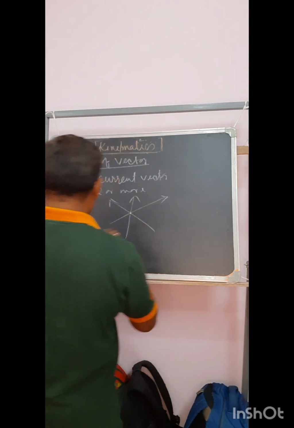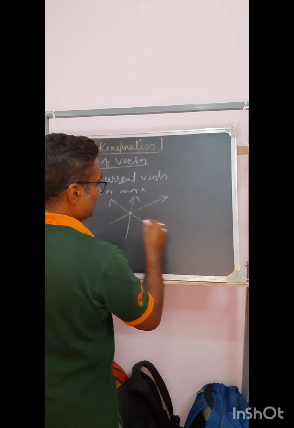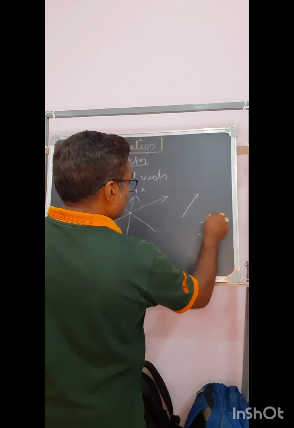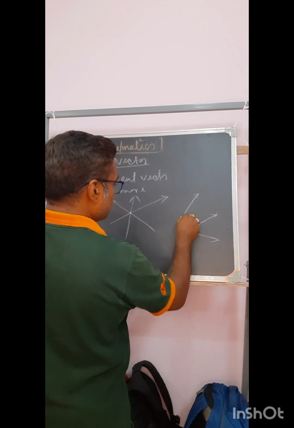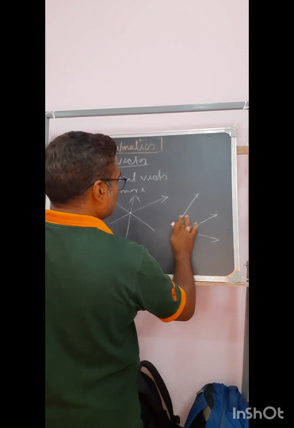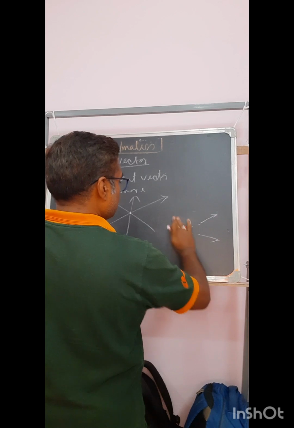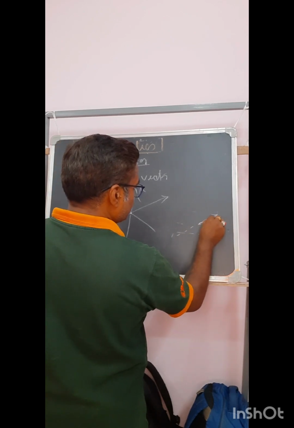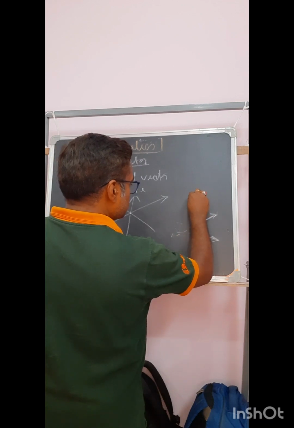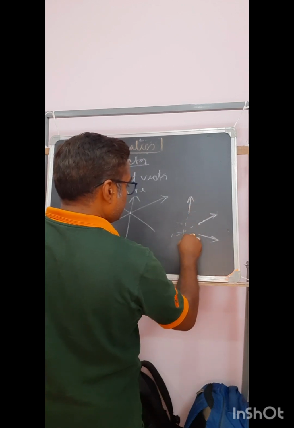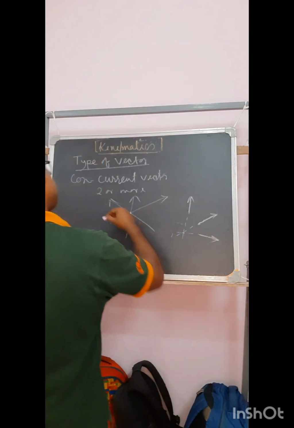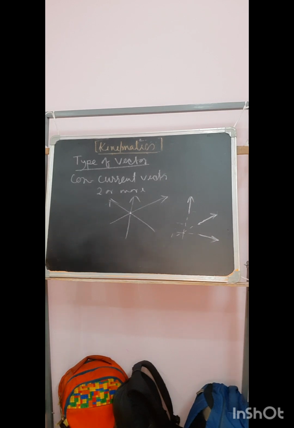That means three vectors are not physically intersecting, rather, if I extend them, the actual vectors are this one, this one, and another one, and if I extend them, they merge at a single point, then also these vectors are called concurrent vectors.